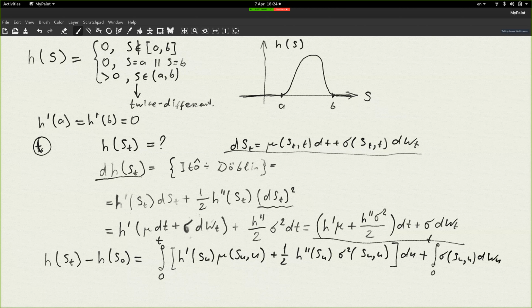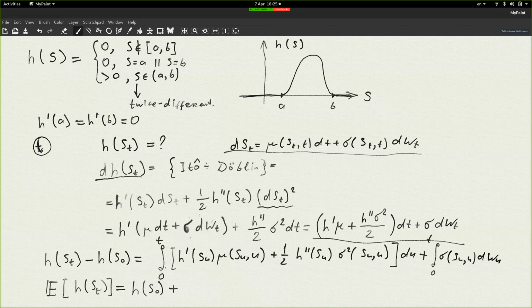Now take the expected value of this, apply the expected value operator. The expected value of H of ST is the initial value, which is a constant, H of S0, plus the expected value of this integral.